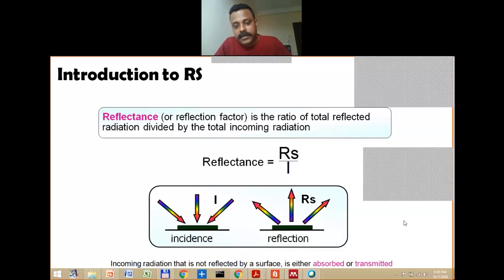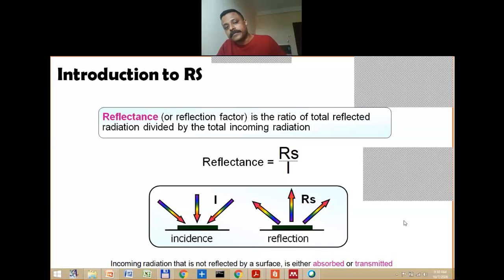It can be assumed to have a wave format, as well as energy associated with it. The unit of energy is known as photon. So reflectance is the ratio of the amount of light being reflected from a particular surface to the total amount of light that is incident on that surface.